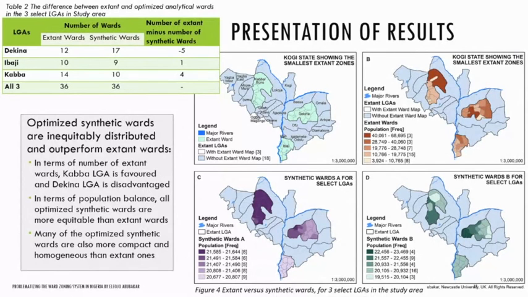By disentangling analytical zones from political zones, what I mean is that when you have a problem, the analyst should try to create customized zones that are appropriate for the particular study at hand, and not rely on political zones, because from the findings of this study, they are inequitable and they are going to perpetuate inequities.